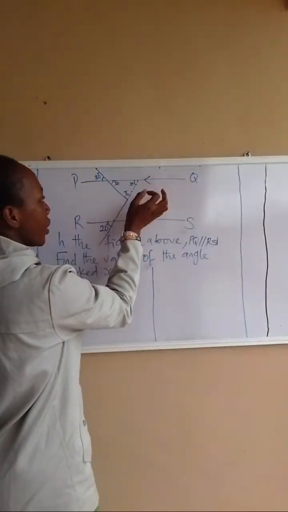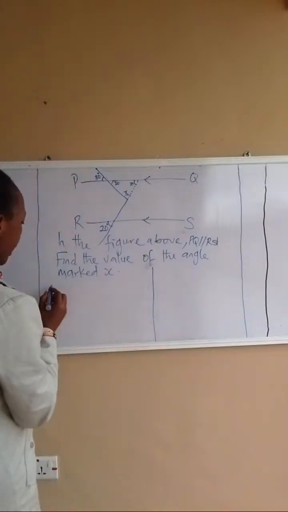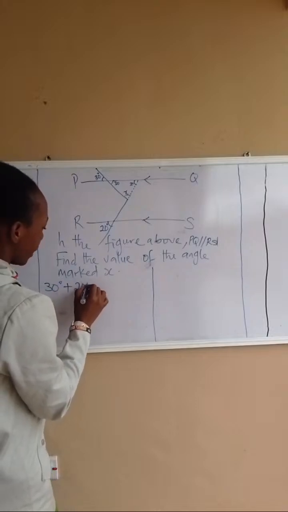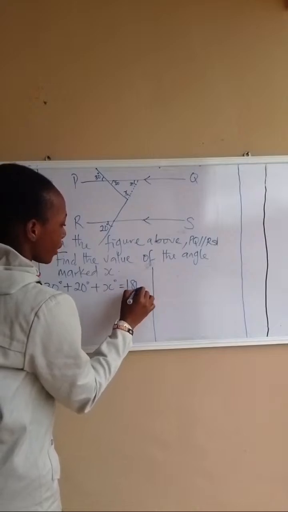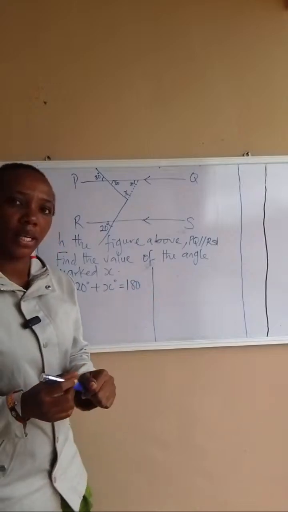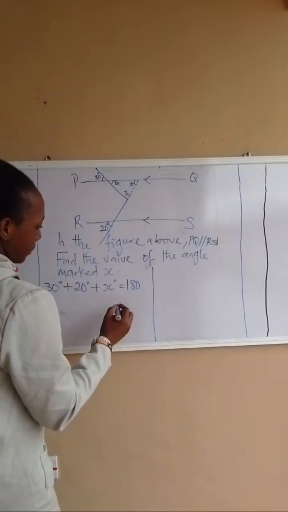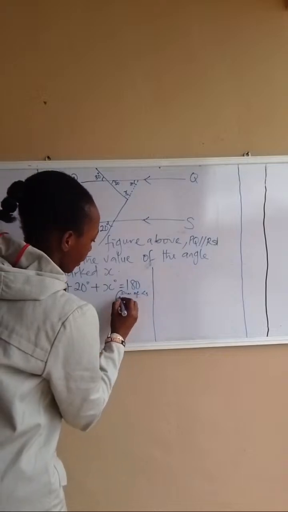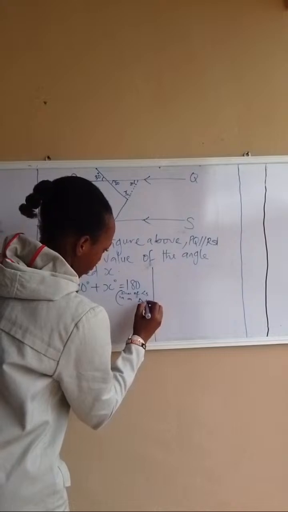This already makes a shape called the triangle. Is that clear? So we say 30 degrees plus 20 degrees plus x degrees equals what? 180. Why is it 180? Sum of angles in a triangle is 180.